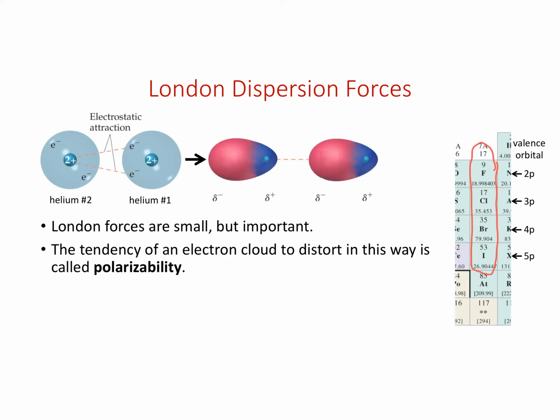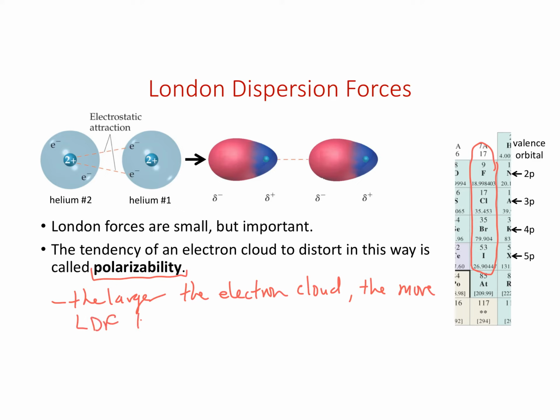And to think about this, we need to think about the size of the electron cloud for each of these. And it's going to be our polarizability, basically our ability to distort that electron cloud. So the larger the electron cloud, the more London dispersion forces the atom will have.